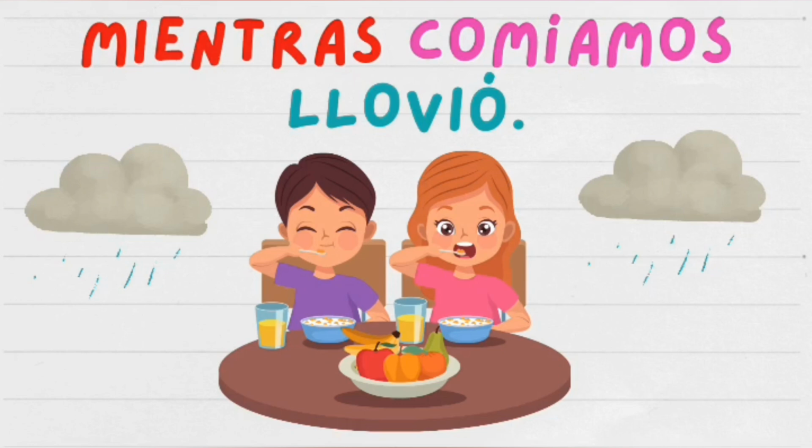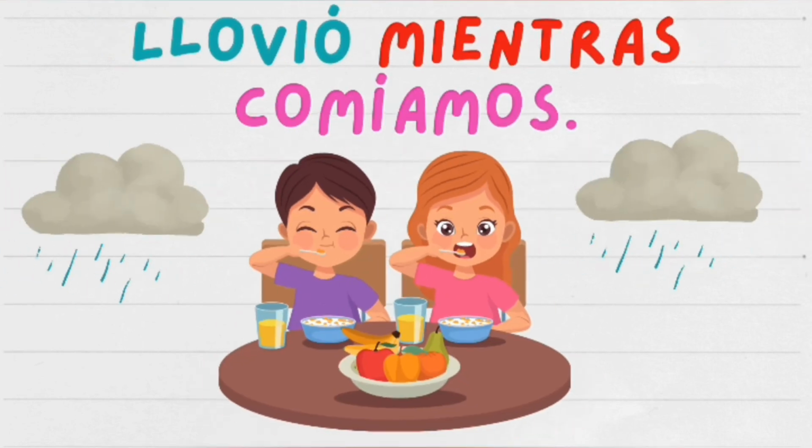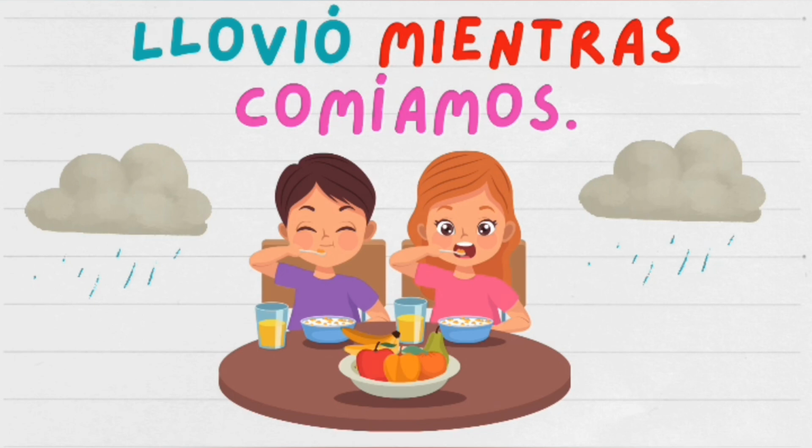Again, to say while we ate, it rained, you have to say, mientras comíamos, llovió. Also, you can change position and you can say this, okay? It rained, llovió, while, mientras, we ate, comíamos. Llovió mientras comíamos, okay? It rained while we ate.